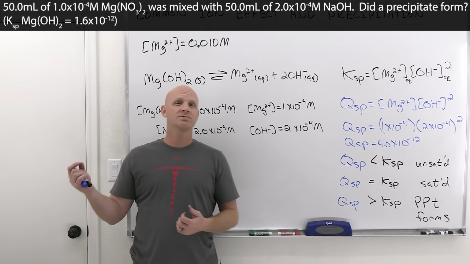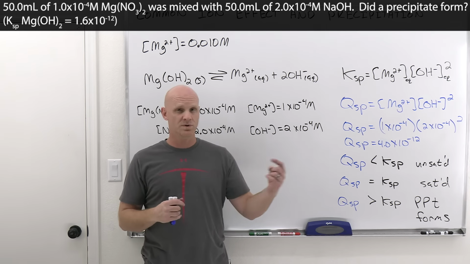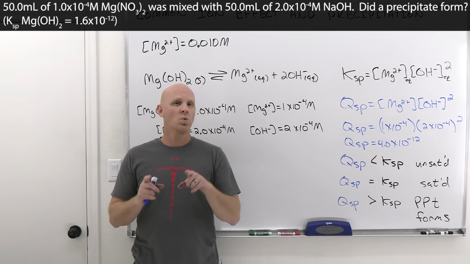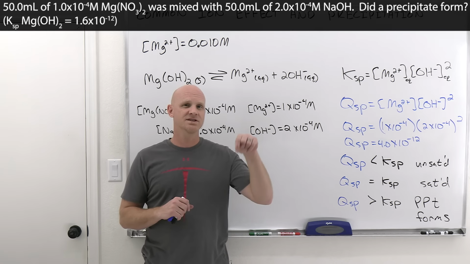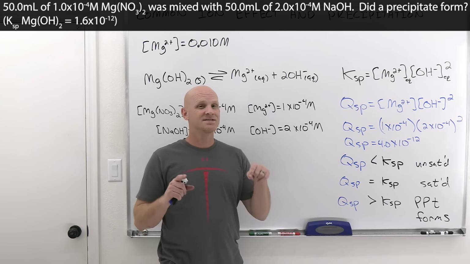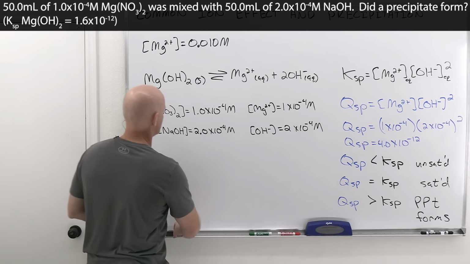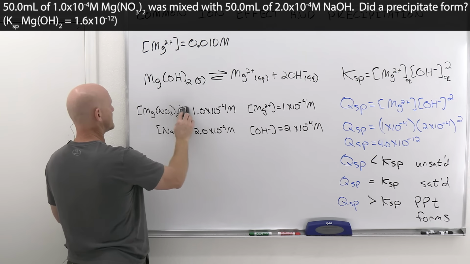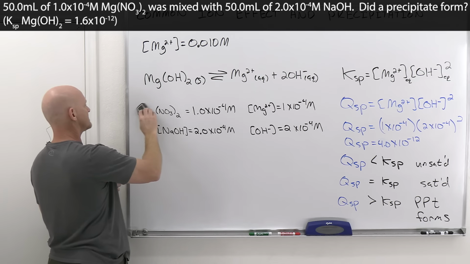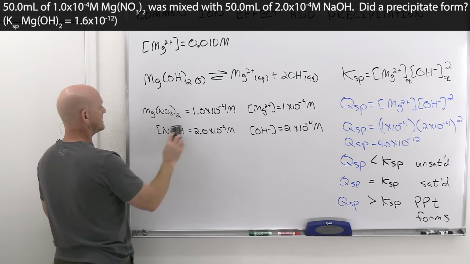So notice if I mix 50 milliliters of orange juice with 50 milliliters of water, what happens to the concentration of my orange juice? It goes down. It just got diluted. The same thing's going to happen here. So here we were saying that this is the concentration of the magnesium nitrate, but it's not the concentration in the end. It's the concentration before we mixed them.